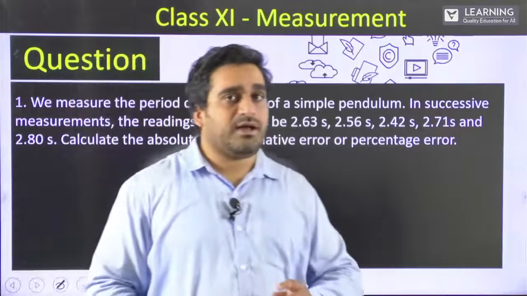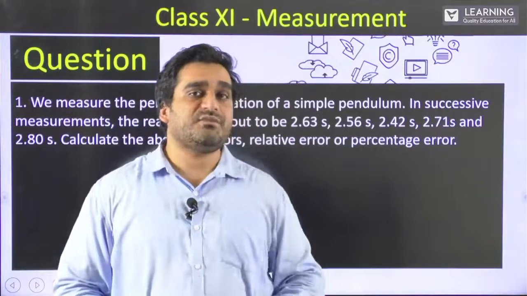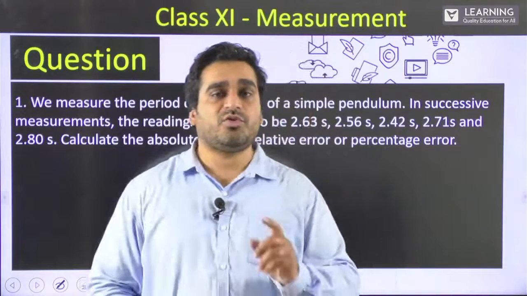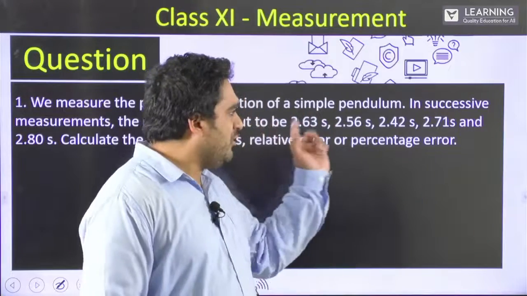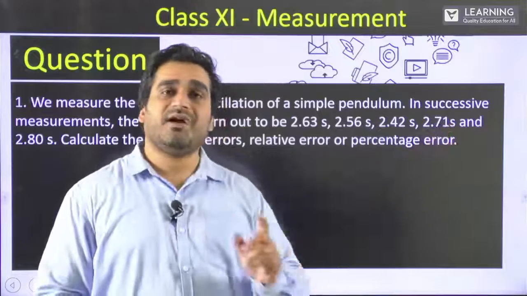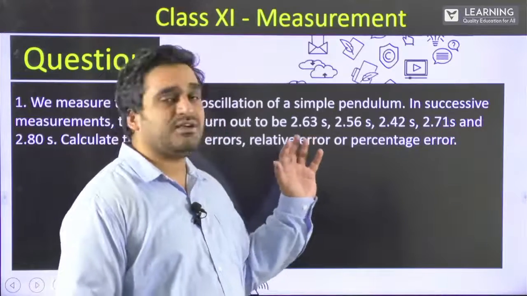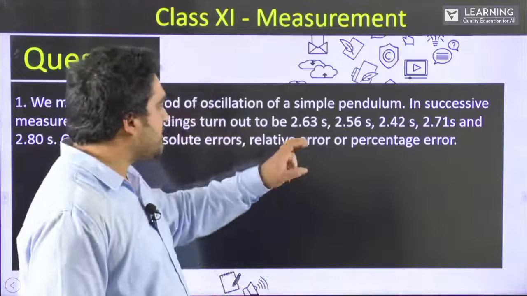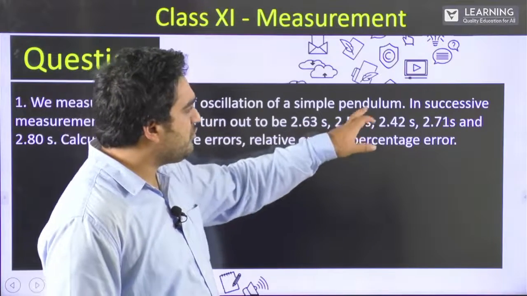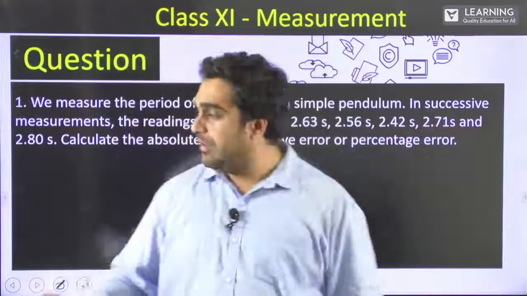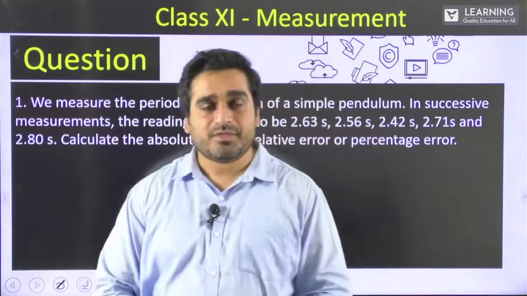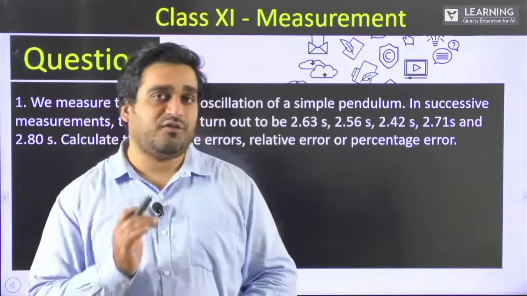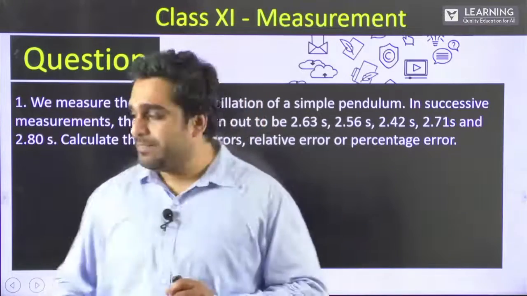If you reflect back, I told you that for several measurements, to find the true value, we take the sum of all these numbers divided by the total number of measurements. And how many measurements are we making here? 1, 2, 3, 4, and 5.